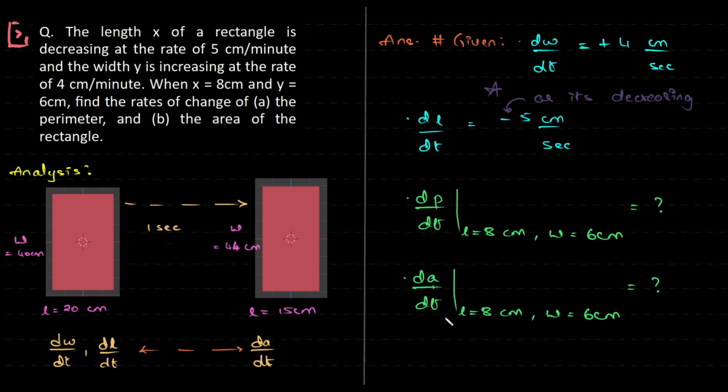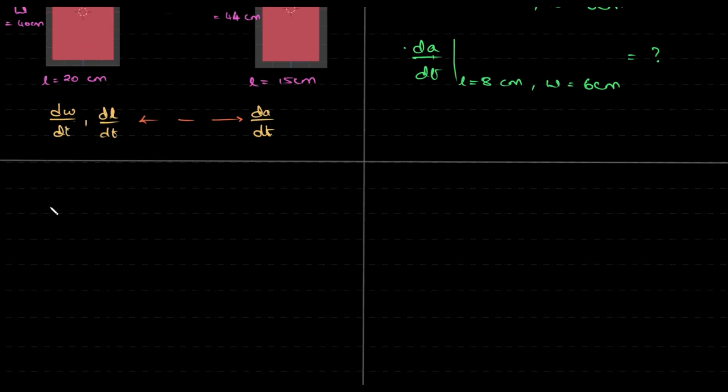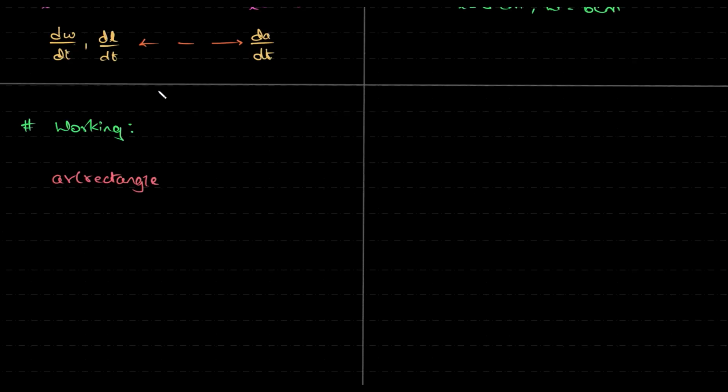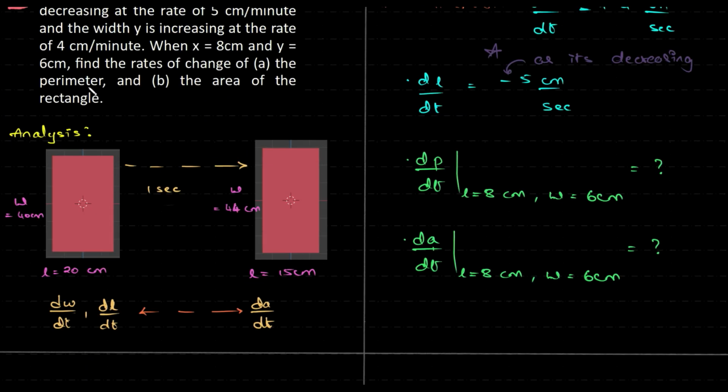Okay, so these are the two things that we are looking at. Next thing we'll do is write the formula. We can start off with perimeter or area, doesn't matter. So first thing is, I think it's perimeter. We'll go sequentially. Perimeter. Okay.